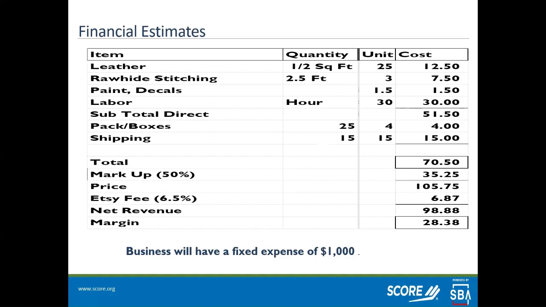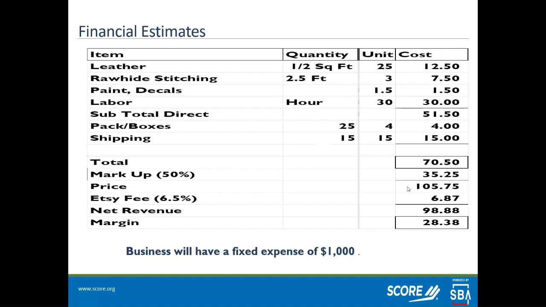Now, in this kind of business, and we can all come to a different conclusion on this, but using a cost markup is not a bad way to develop some pricing. So if I use a 50% factor, I would get to a selling price of about $105, which seems like it's not too far off in terms of market value.